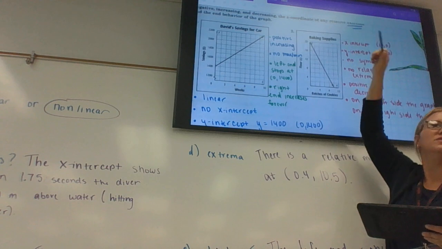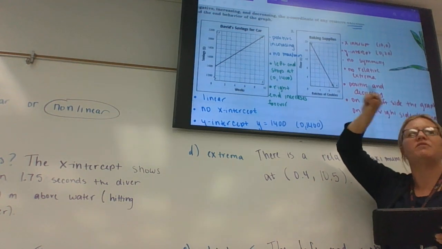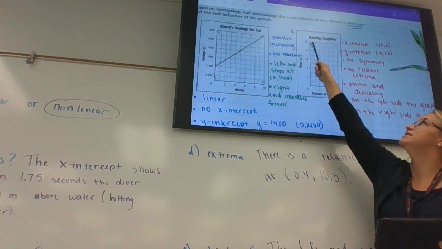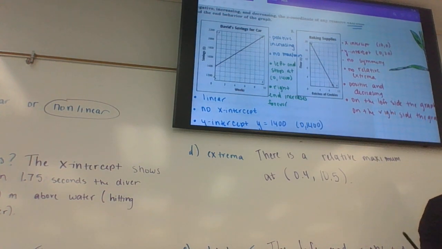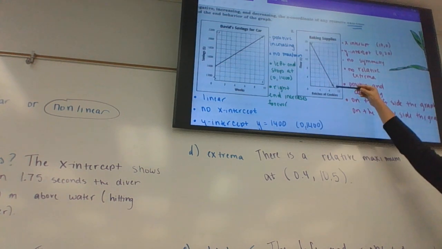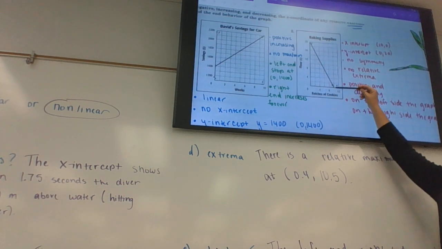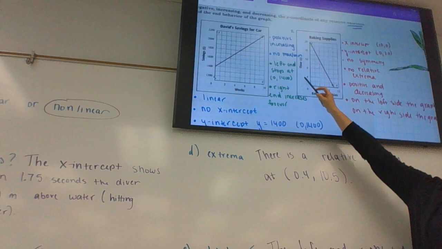Right? I love what you just said because everybody does that. Everybody matches this number and this number. Because it would take 20 cups of flour to make 10 batches of cookies. But why then is my x at 0? This is flour remaining.